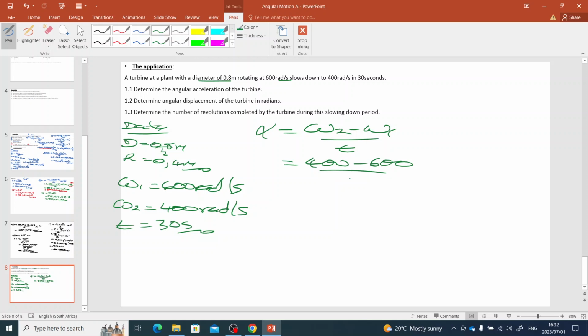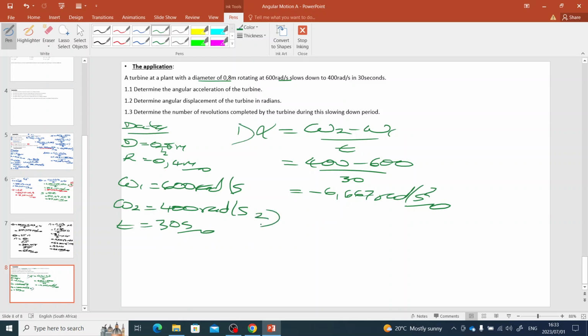Divided by 30. Then we get 400 minus 600, that would be negative 200, divided by 30. Then we get our answer as negative 6.667 rad per second squared. That was question number 1.